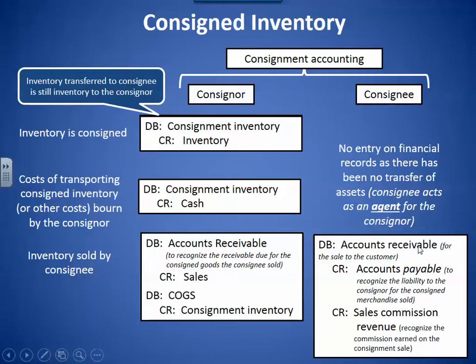We credit accounts payable, which recognizes the liability to the consignor for the consigned merchandise the consignee actually sold. The last part, the difference, would be the credit to sales commission revenue, which recognizes the commission that the consignee is going to earn on that consignment sale. So that's consignment accounting in a nutshell.